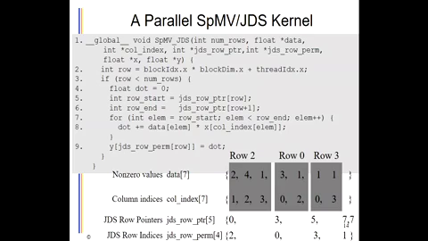The only difference between a JDS kernel and CSR kernel is that permutation. So you should expect that the rest of the code is pretty much identical. Now, at the end, this is where the big difference is. You use the JDS row perm selected by the row number to write into the correct output element, right? So then we're done.